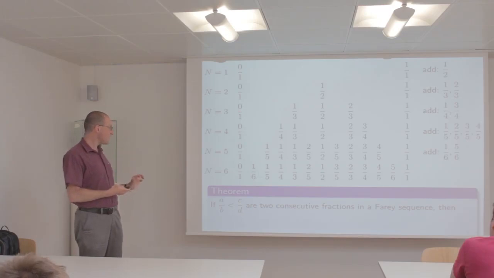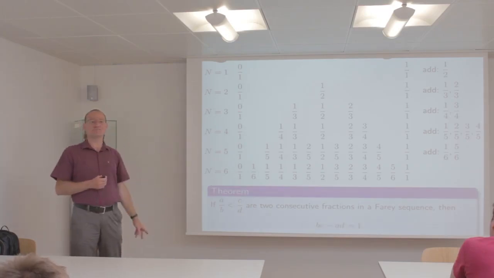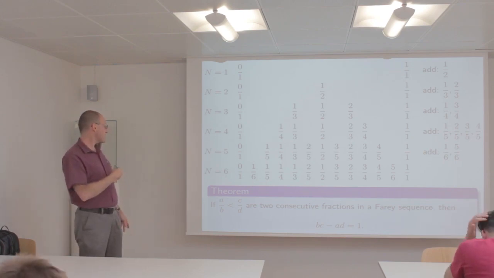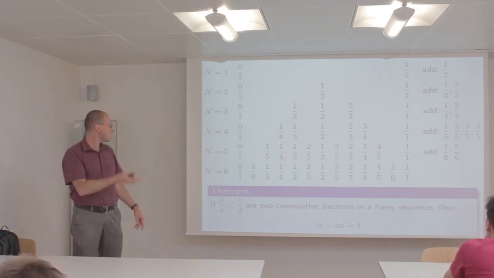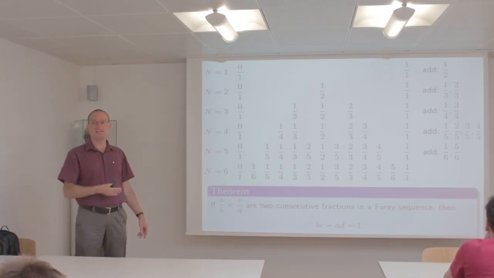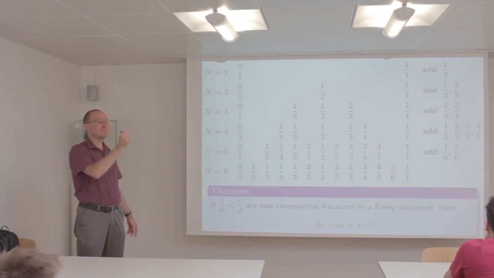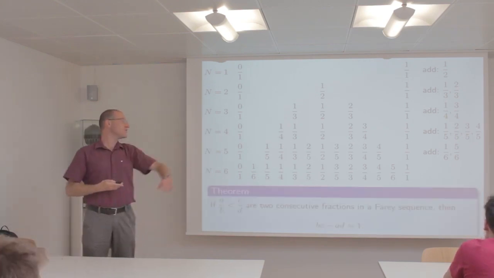Something happens, namely bc minus ad is equal to 1. The numerator of the larger times denominator of the smaller minus the numerator of the smaller times denominator of the larger is always equal to 1 when you take two consecutive fractions in such a sequence. Let's do an example. 3/4 and 4/5.